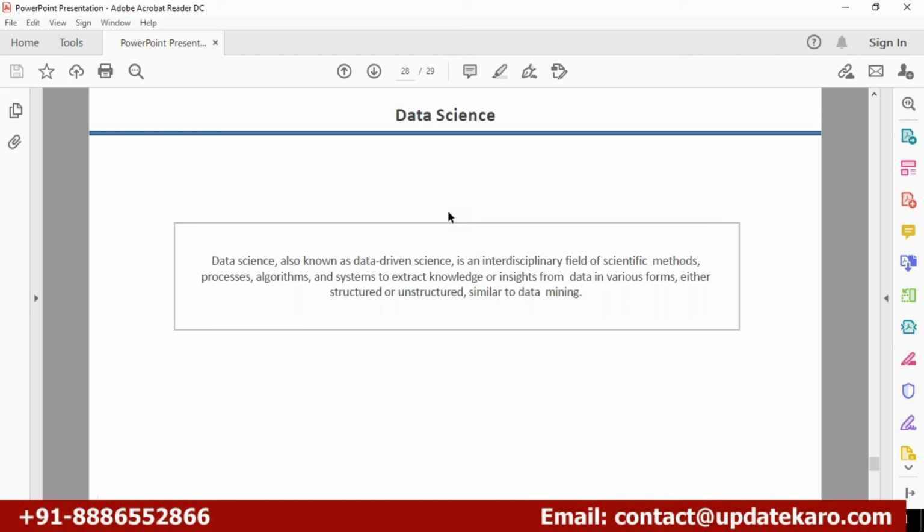Remember structured, unstructured, semi-structured, and quasi-structured data. Data in various forms, either structured or unstructured, similar to data mining. I hope this is clear to all of you.